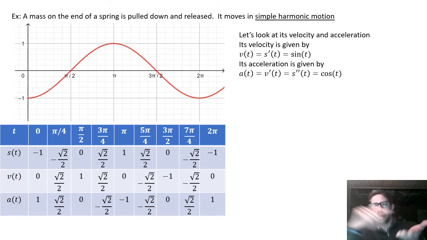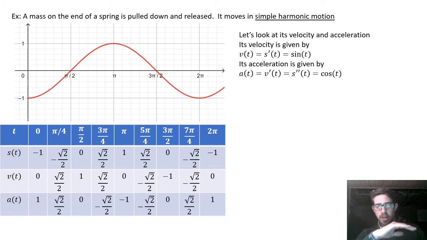You can think about that as when the spring is all the way pulled down, it has the most upward potential energy. It's being pulled as much as it's ever going to be pulled in the upward direction. So at square root of 2 over 2, it's still accelerating up because acceleration is positive. And then at pi over 2, where the spring is right in the middle, the acceleration is 0, because the spring is switching from speeding up to slowing down.